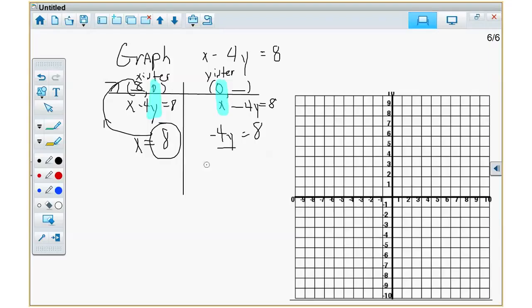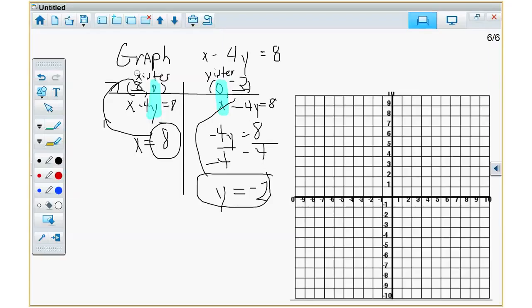Divide by negative 4. And 8 divided by negative 4 is what? Negative 2. And that negative 2 goes right here. Now let me plot these two.